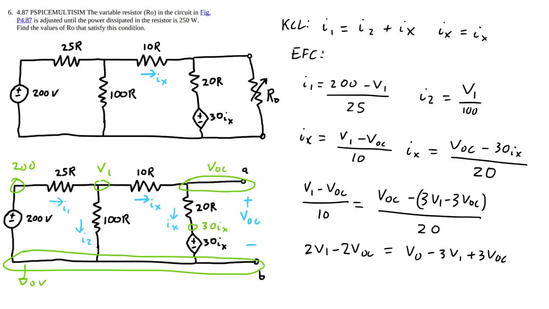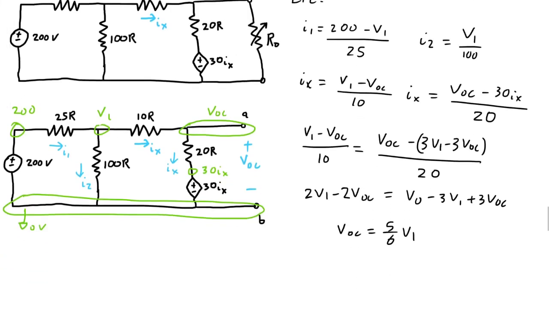So there are 6 VOCs, 5 V1s. So VOC is 5/6 of V1. So let's go ahead and plug that into our first KCL equation.